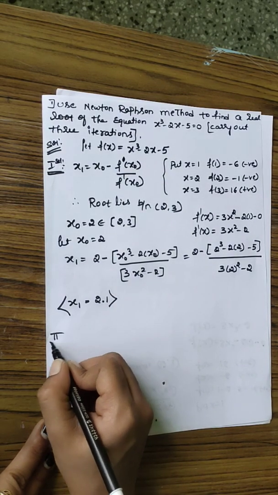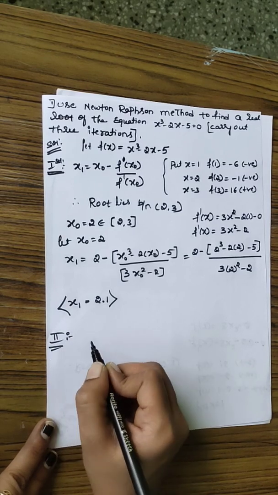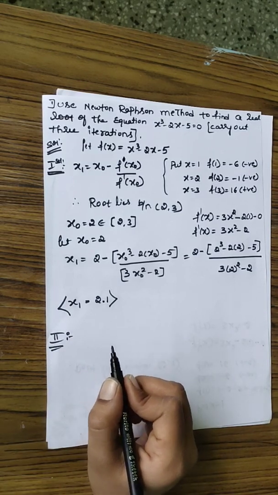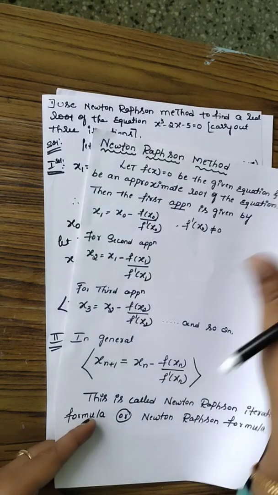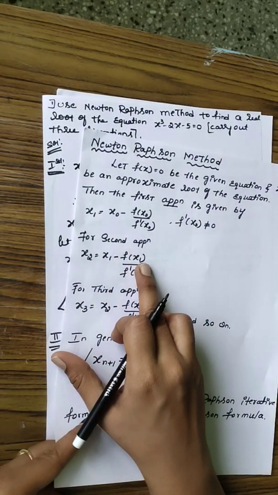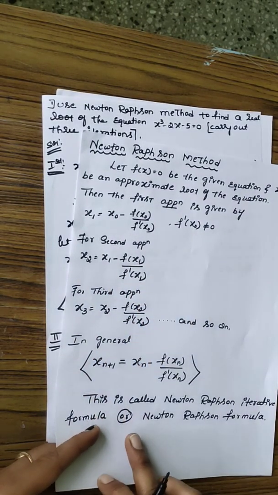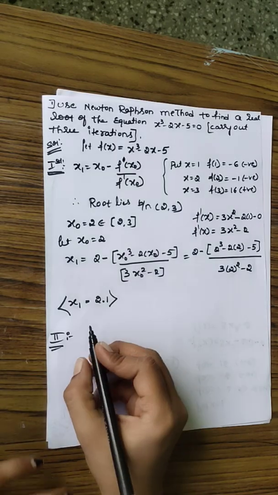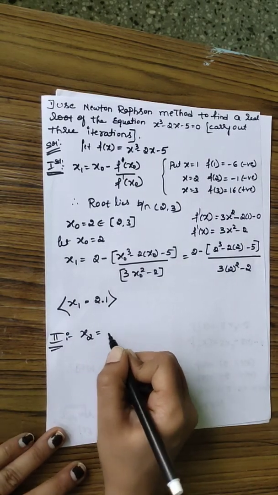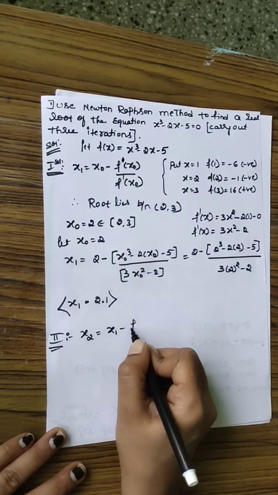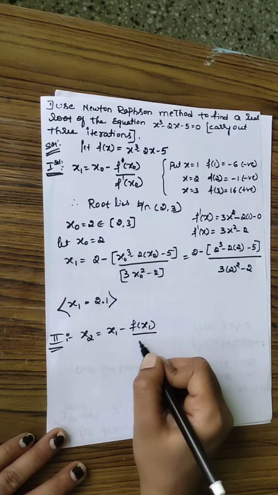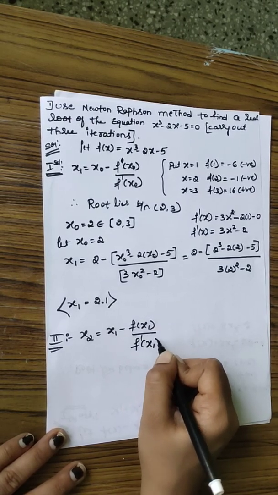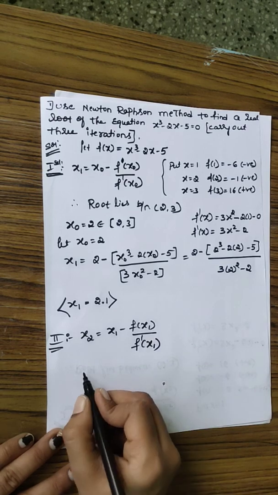Next, for the second approximation, what is the formula? x2 equal to x1 minus f of x1 divided by f dash of x1.